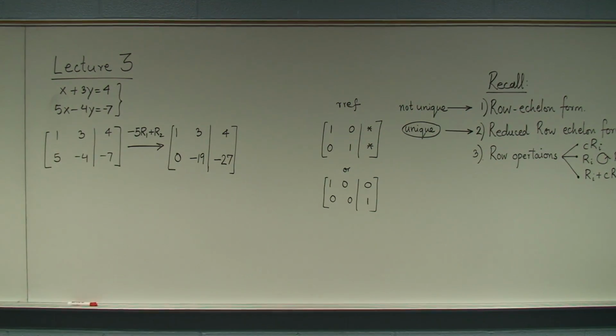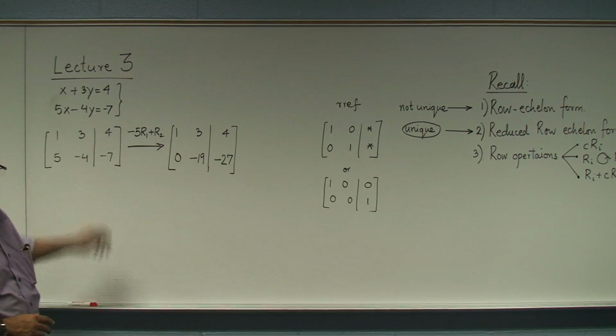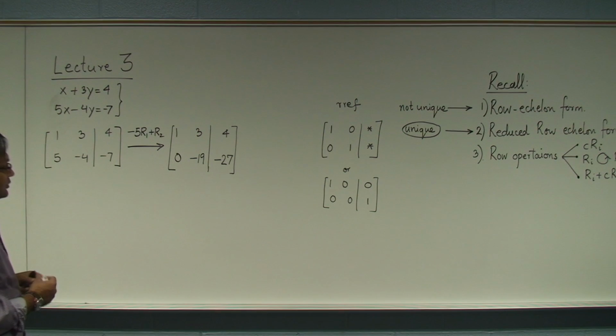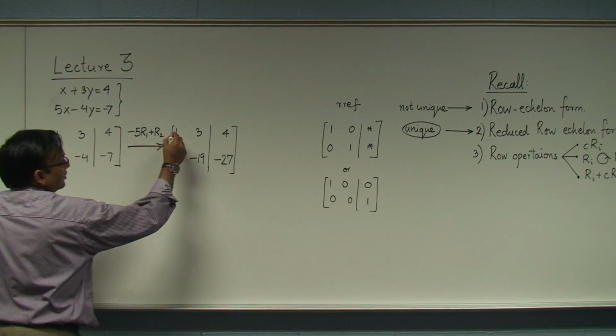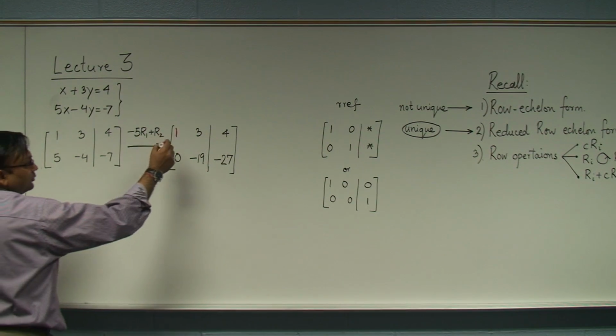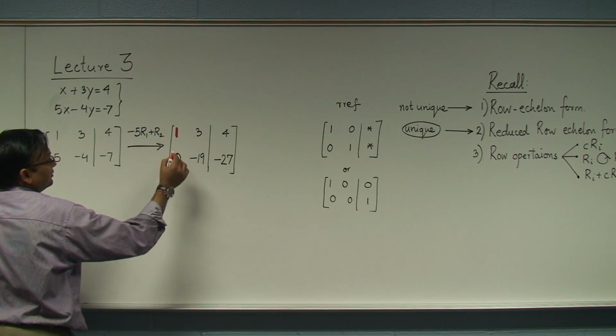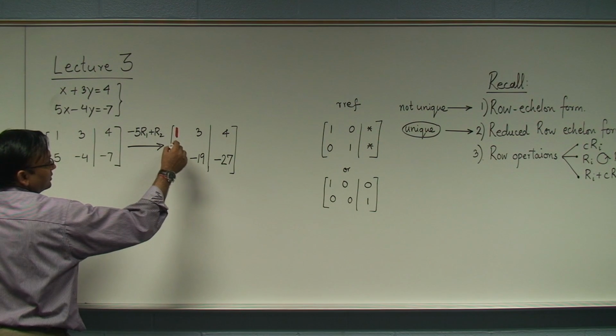Now let us ask ourselves a question. Is this an echelon form for my matrix which is written over here? And the answer to that is yes. If you recall echelon forms, all 0 rows should be at the bottom. We don't have a 0 row. And all the leading non-zero entries should have zeros underneath them.